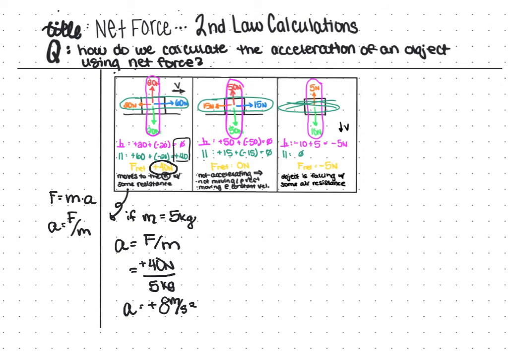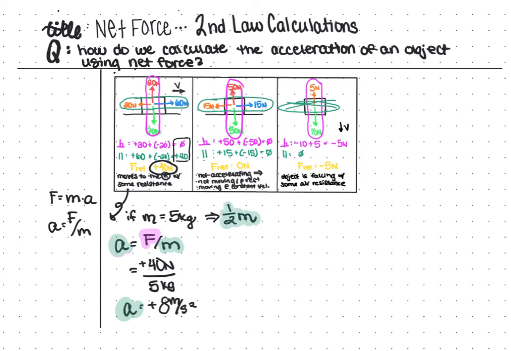So to extend on that question, what would happen if instead of 5 kilograms, we cut that in half? So we have half the mass. We can do this mathematically, but we can also practice proportional reasoning. Acceleration and force are directly proportional, and acceleration and mass are inversely proportional, and I'm asking you to determine the acceleration with half the mass.